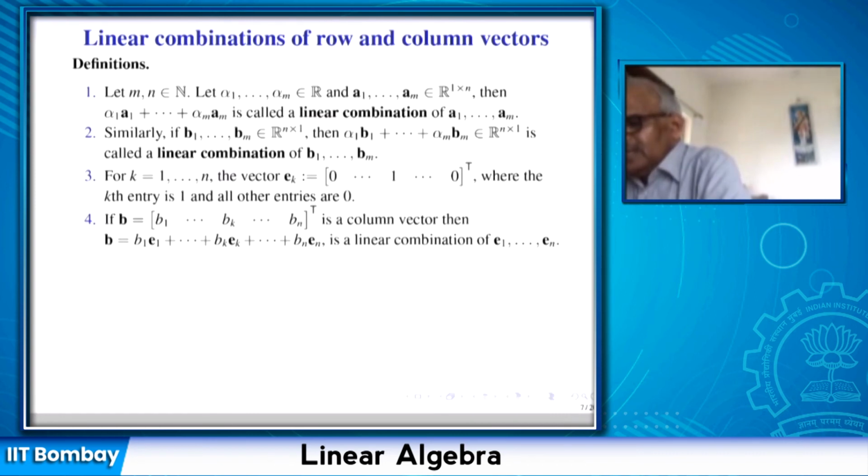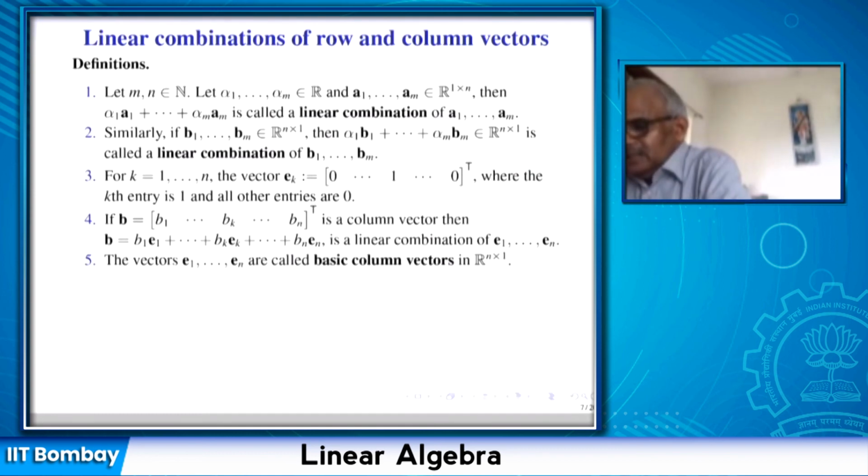That means if I take vectors in n-dimensional space R^n, then all the vectors in R^n can be generated by addition and scalar multiplication simply by taking linear combinations of these e1, e2, en, and therefore these are called basic column vectors in the n-dimensional space. So n-dimensional space R^n is identical with the space of n by 1 matrices, right?